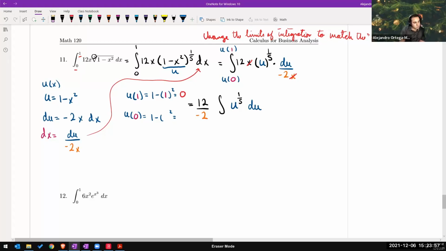Oops, going ahead of myself. So this one here is actually 0 and 1. This gives you the new bounds. We're performing this antiderivative going from the u values of 1 to 0. And again, these are the u values, not the values for x. That kind of makes sense, guys?